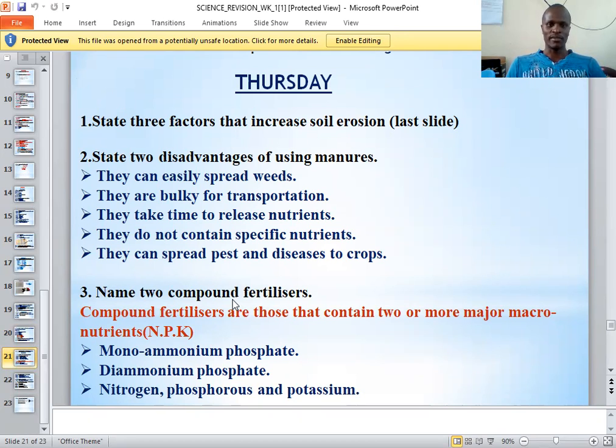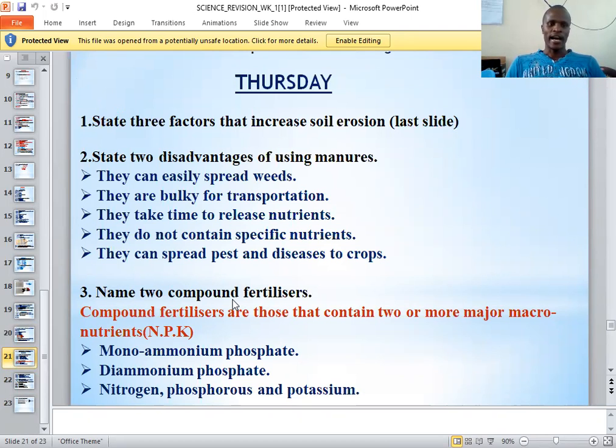That's a disadvantage. Number two, they are bulky, meaning they are bigger in size. Therefore, it brings the transportation. It can cost some transportation charges because they're bulky. They need to be transported.